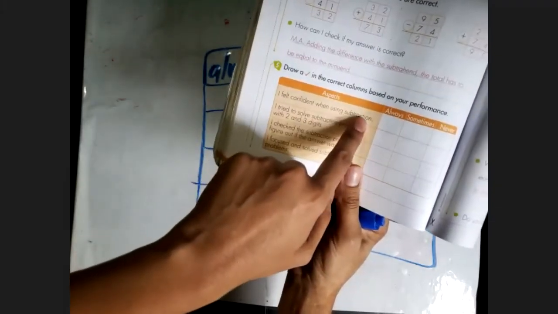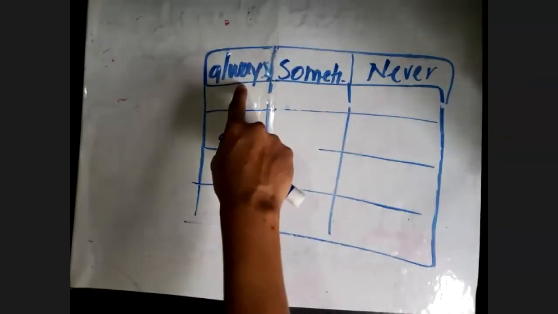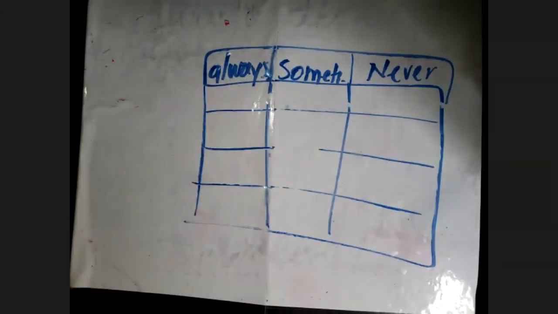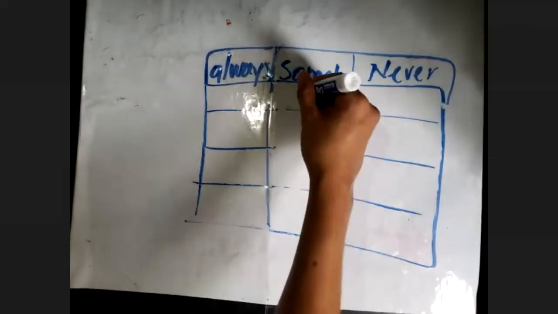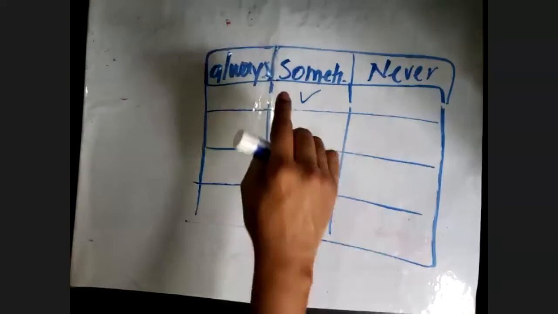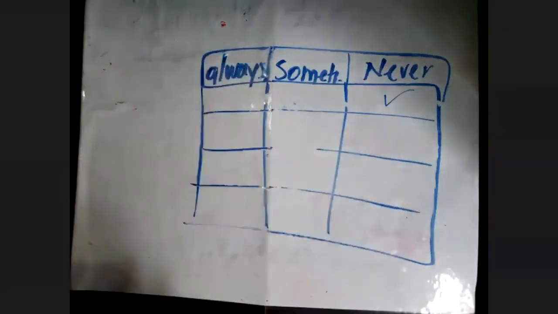Using subtraction. Is it easy for you to subtract? Yes, mister. It is always easy for me to subtract. Sometimes, mister. I don't know how to subtract. Never, mister.